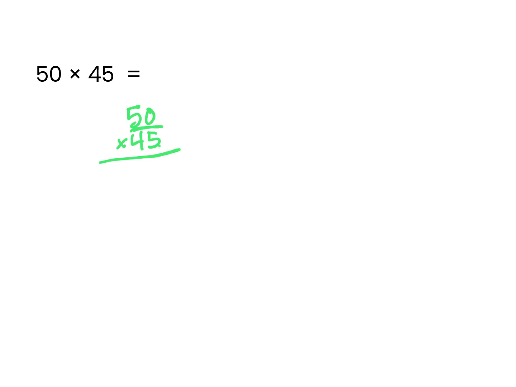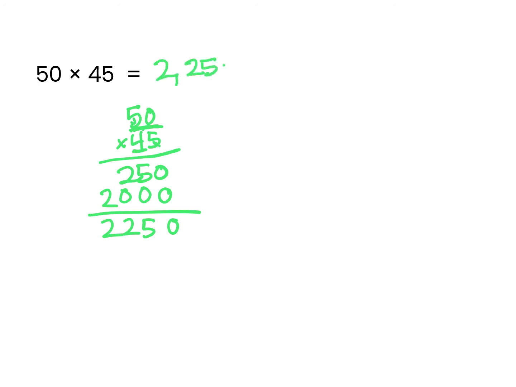Well, 5 tens times 5 is 25, so 25 tens. And then we're going to look at it as 50 times 4 tens, remembering that 5 times 4 is 20, and that we are going to have our hundreds after. So our answer, 2,250. All right, that's the end of our fluency for today.